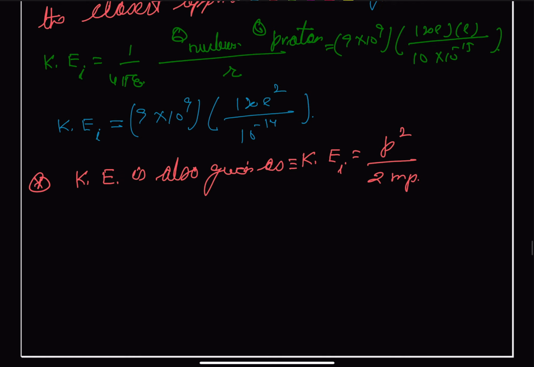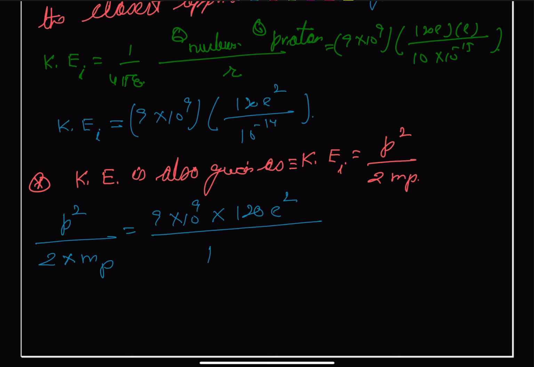So we equate: p square divided by 2 into mass of proton will be equal to 9 into 10 to the power 9 multiplied by 120 E square and 10 to the power 14.